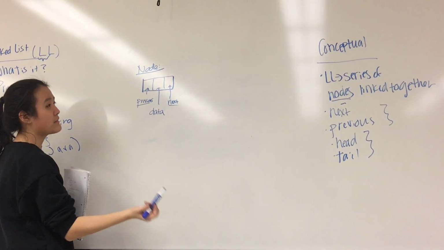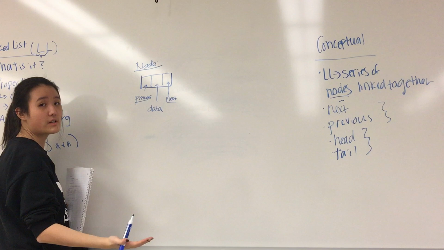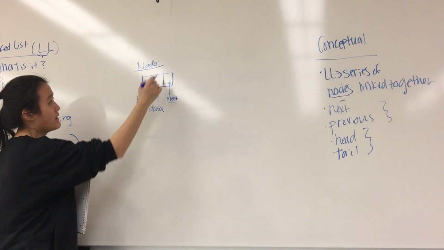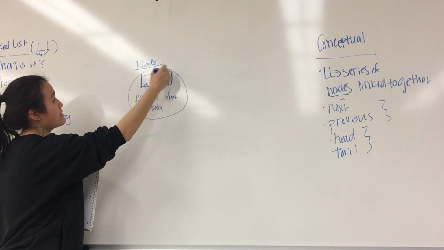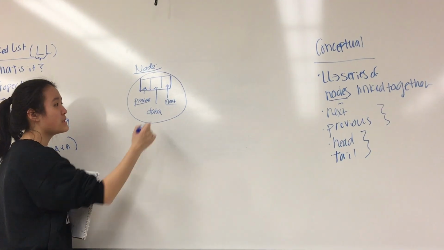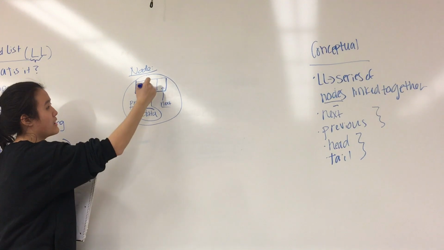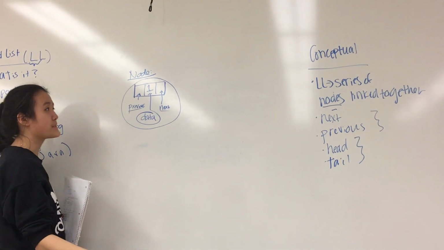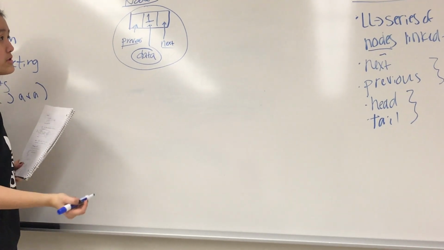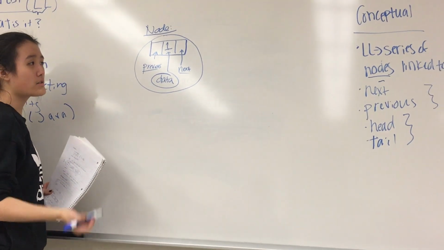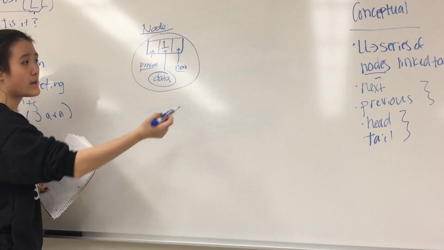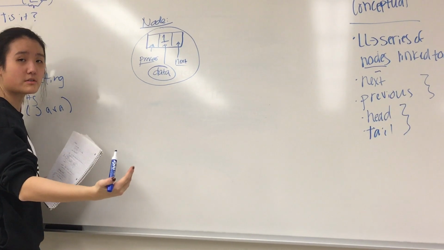But like we said, a linked list is a series of nodes that are linked together. So one node will be represented like this. And so one node will always keep one data. So if we wanted to keep a series of integers, this might just hold 1, for example. So now we're going to create the linked list, and as we went over in the conceptual side, we said a linked list is a series of nodes that are linked together.